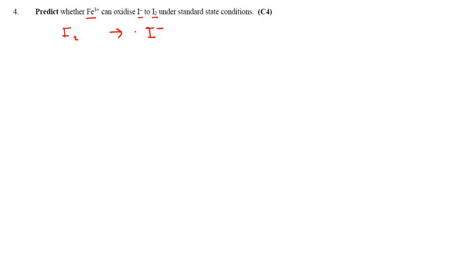So you must know how to balance all this. You add 2 electrons. Dan untuk Fe3 plus, terima elektron, dapat Fe2 plus. So the E0 value untuk iodine tu is positive 0.53 volt.